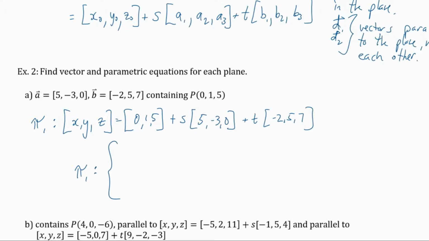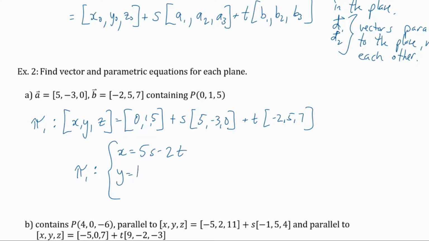And then what about the parametric equation? Well, as you would probably imagine, it's the same idea as with lines. We just separate the x component, y component, and z component, right? So it's x equals 0 plus 5s minus 2t, but the 0 part's gone, so 5s minus 2t.